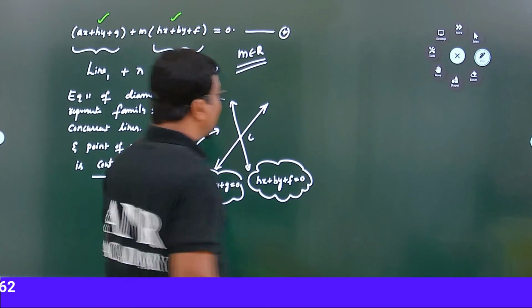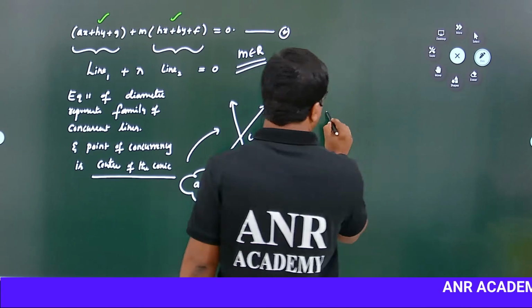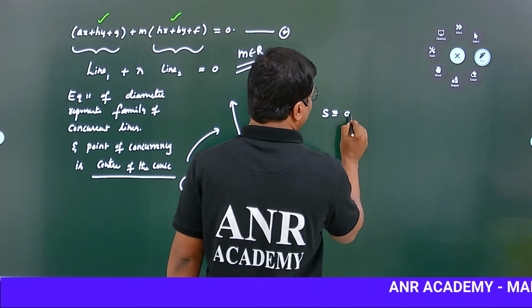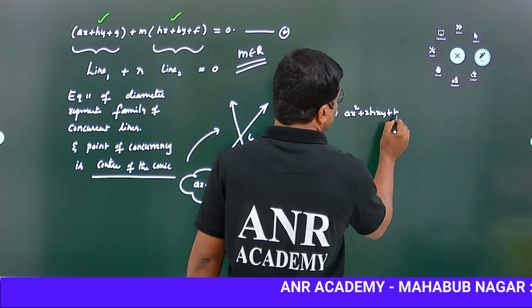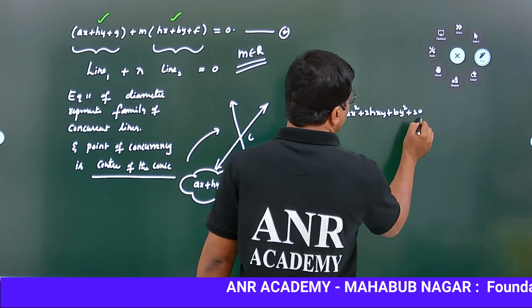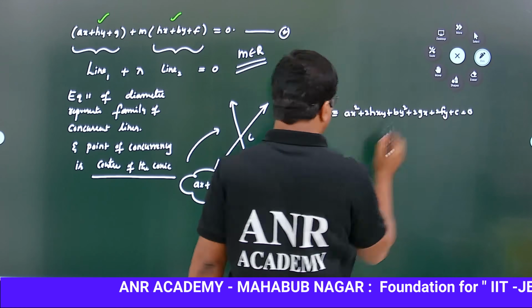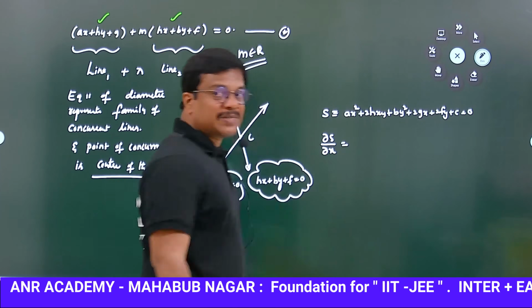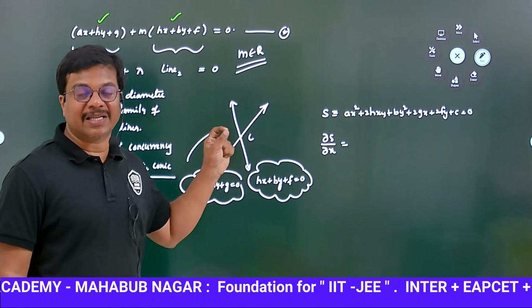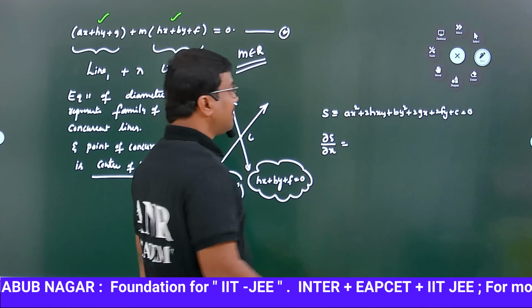And now see, when you have the second degree equation, ax square plus 2hxy plus by square plus 2gx plus 2fy plus c equal to 0, let us observe what is dou s by dou x. Dou s by dou x, partial differentiation with respect to x, here you have to treat y as constant.